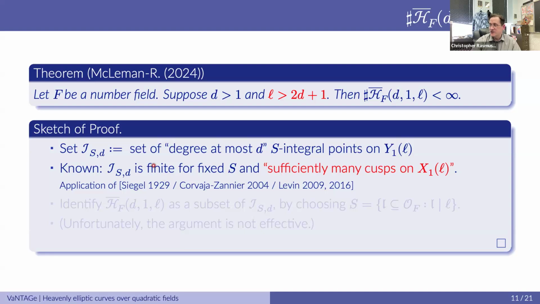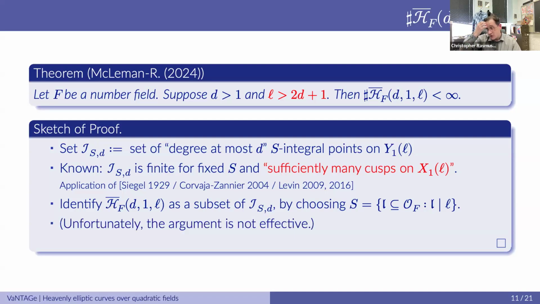And so by using the moduli interpretation and this theorem of Levin's, we're able to basically identify the things we care about, namely heavenly elliptic curves, heavenly at L over some field of bounded degree over some fixed field F. I can just view this as a subset of this set I_{S,D}, which is guaranteed to be finite by Levin's theorem. And as long as we make sure that the identification is truly injective, which is completely standard, then this gives us the finiteness result we're claiming.